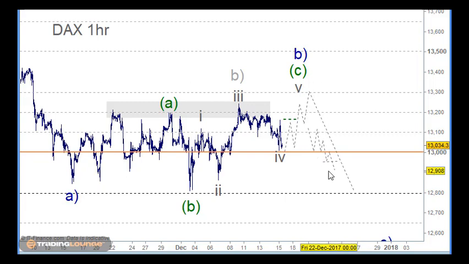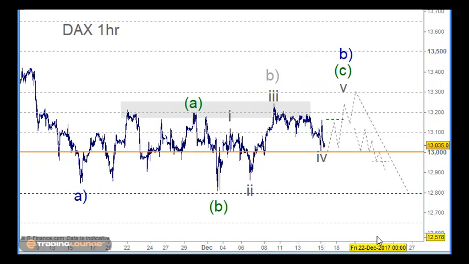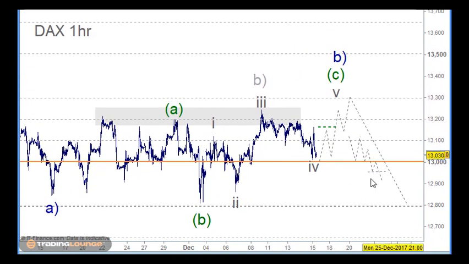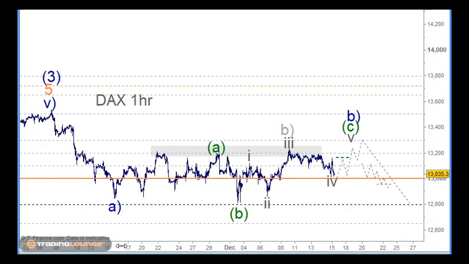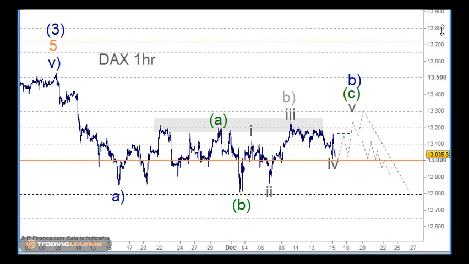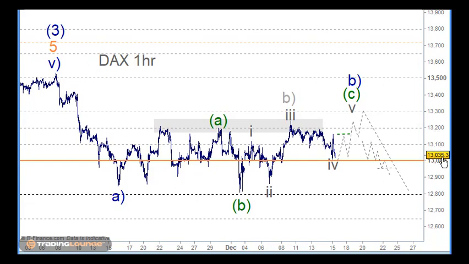The trade setups are equally important, if not more important, than the actual Elliott count, because the Elliott count can be as fantastic as it is, but we have to be good enough to interpret it as well. With this market we've got a very sideways, choppy pattern through here, so we need to use all the tools that we can.